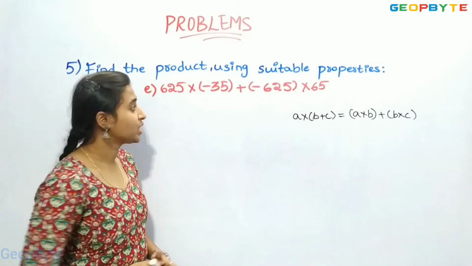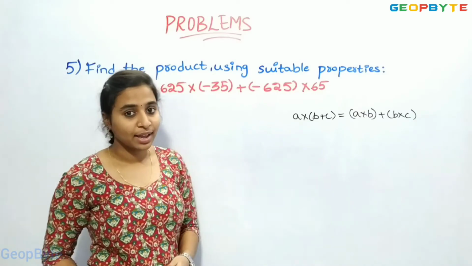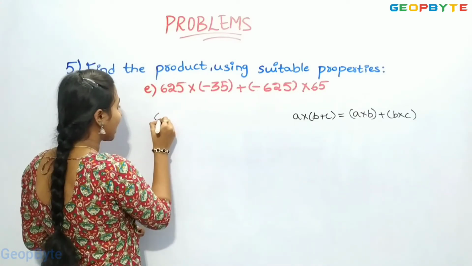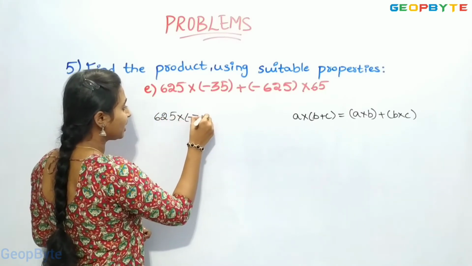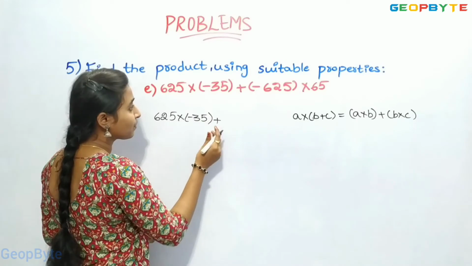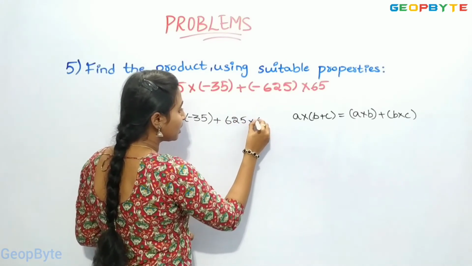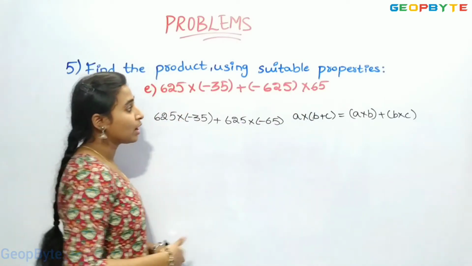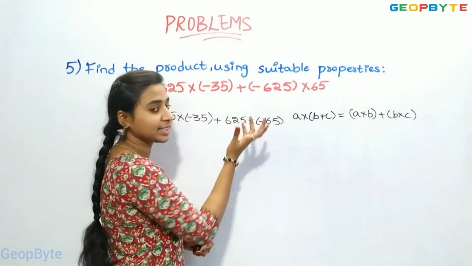Right? If you see, we can consider this 625 as A, but here we have minus sign. Let us write 625 into minus 35 plus, this minus sign we will give it to the number 65. As these two numbers are in product, the sign can be changed to any number. This also gives the same meaning.